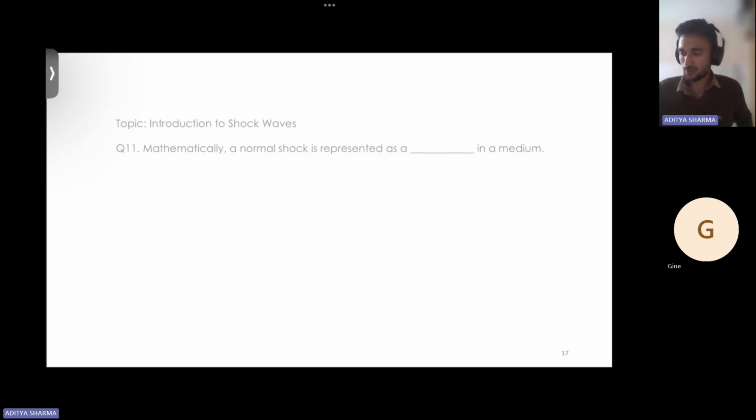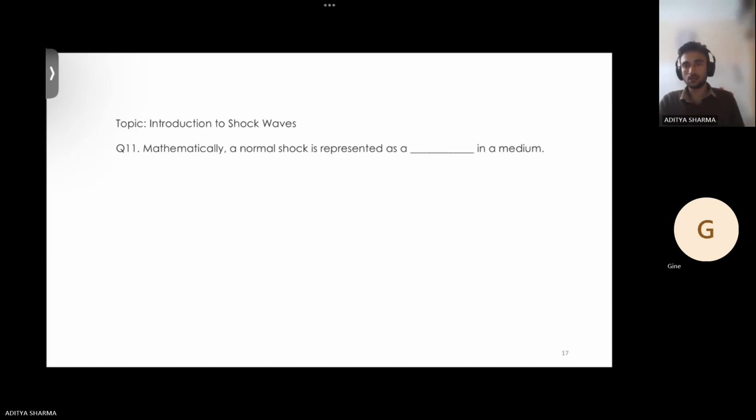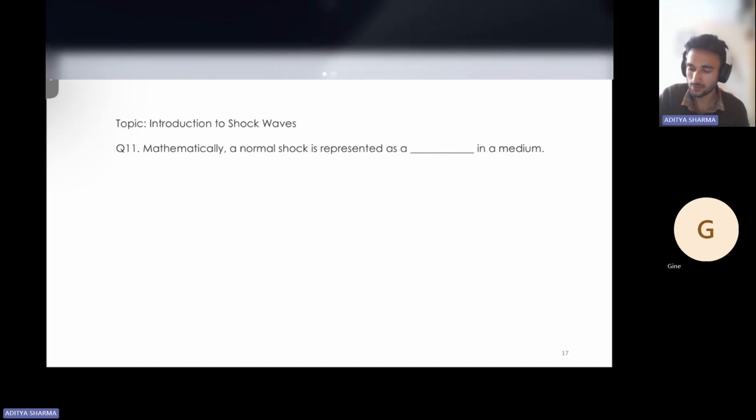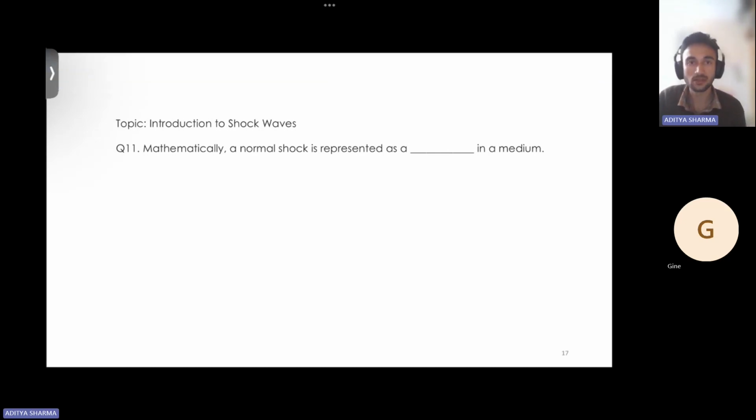Because we have time, we shall see some more questions for this session, and then we shall conclude today's session. We'll just try to go slow because we are left with around 27 minutes at present.